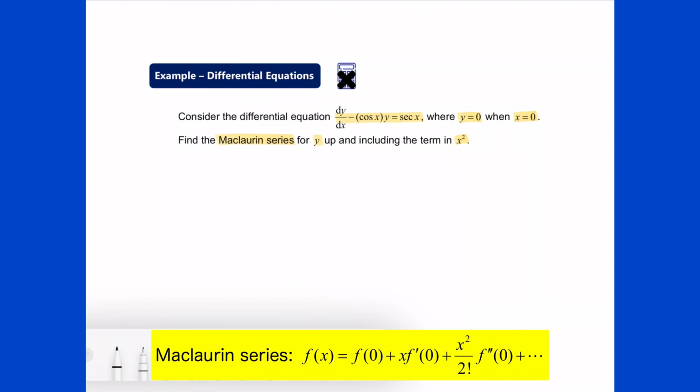Then by looking at the structure of the Maclaurin series, we will know what we are going to chase: the functional value when x equals 0, as well as the first derivative value and the second derivative value when x equals 0. As we just need to express our answer up to the term in x squared, we don't have to evaluate the third derivative or other higher order derivatives.